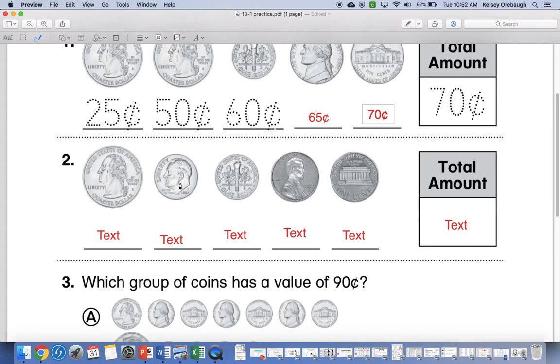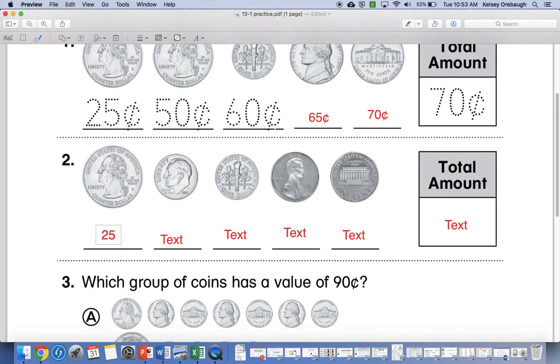Dimes are worth how much? 10 cents. Down the next coin, we have another dime worth another 10 cents. And then finally, we have 2 pennies. Pennies are worth how much? 1 cent each. All right, let's start with our most valuable coin, the quarter, worth how much? 25 cents.